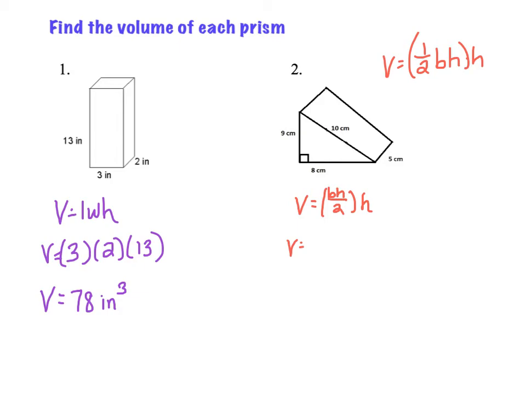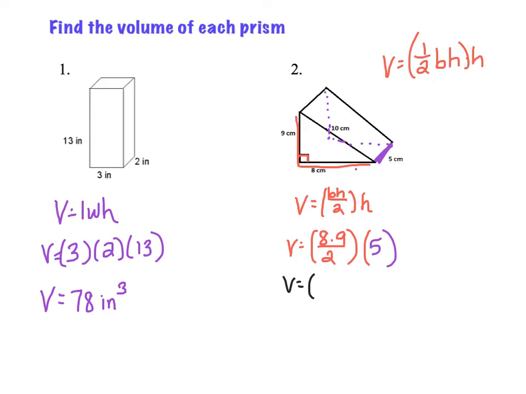So the base of my triangle is 8 times the height of my triangle, which is 9. Again, they also have to form that right angle. I'm going to divide that by 2 since it's a triangle. And the height of the whole figure is 5. We would really have a triangle back here.